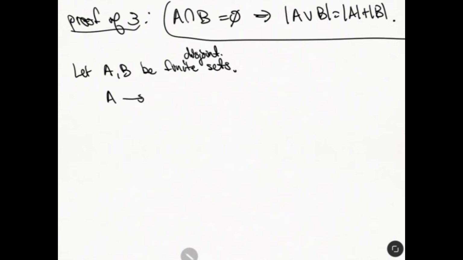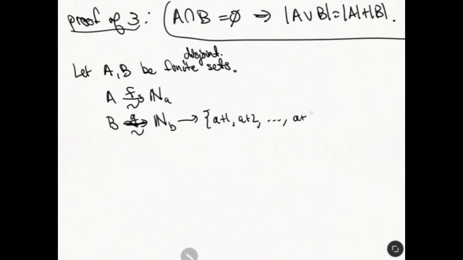There's a bijection here to n sub A, and there's a bijection here to n sub B. And there's also a bijection from n sub B to the following set, which we can write as A plus 1, A plus 2, up to A plus B.